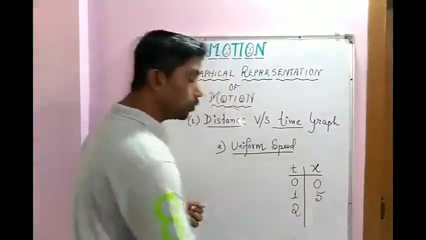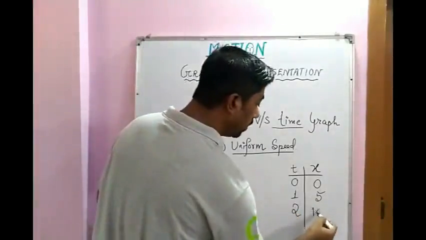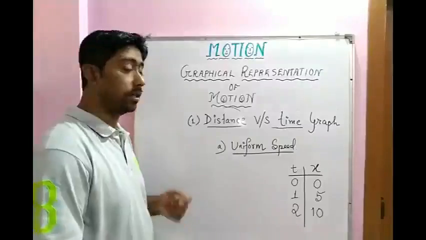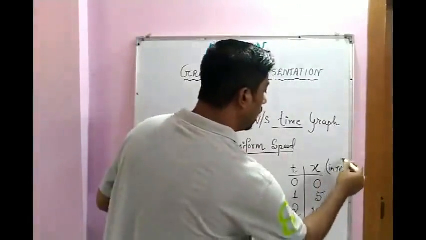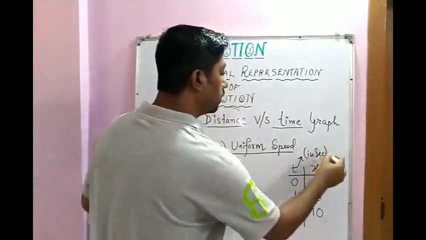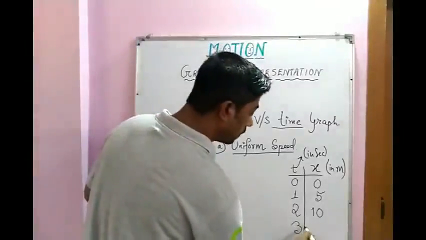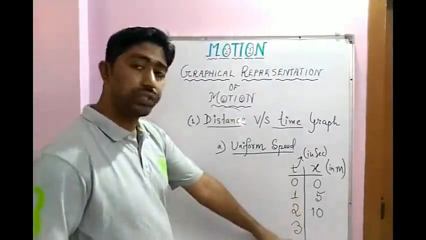Let it be 2 seconds. Let the distance then be 10 meter. So x is in meter and t is in second. Let us take one more set of data. t is 3 seconds.